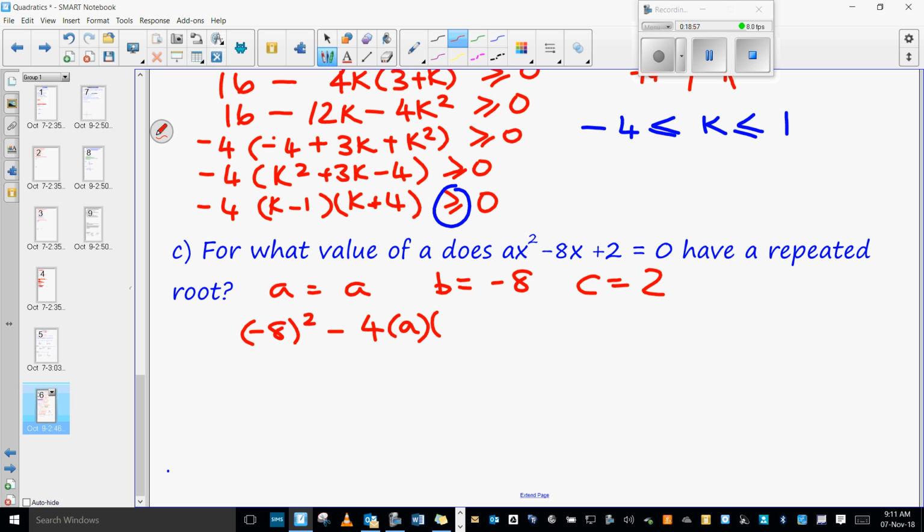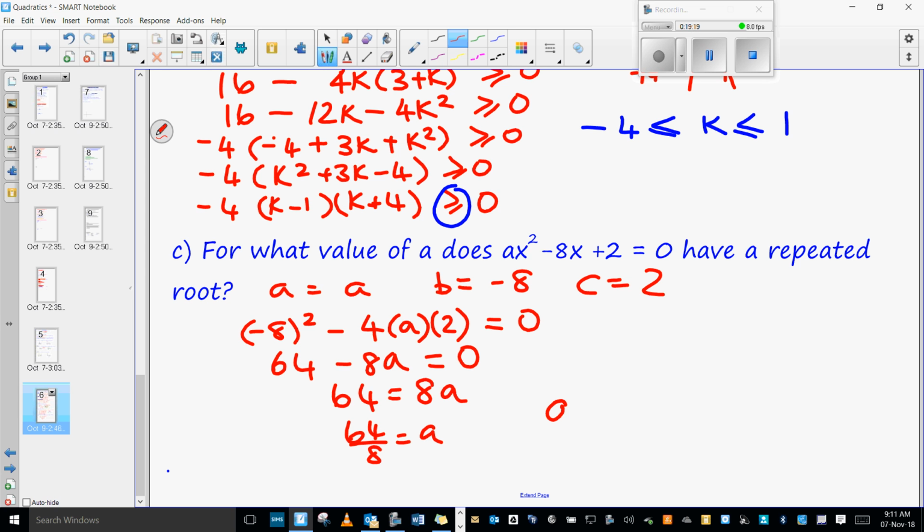And for a repeated root, what do we know that it is equal to? 0. So 64 subtract 8a equals 0. 64 equals 8a. 64 over 8 equals a. So a is 8. Done.